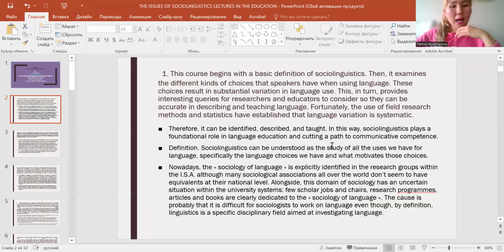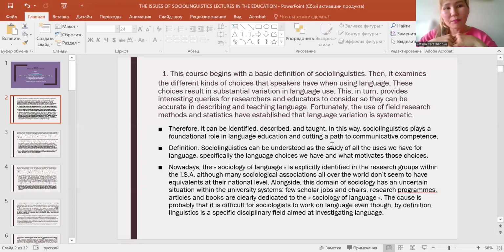For example, it can be identified, described and taught. In this way, we can say that sociolinguistics plays a foundational role in language education and carries a path to communicative competence.